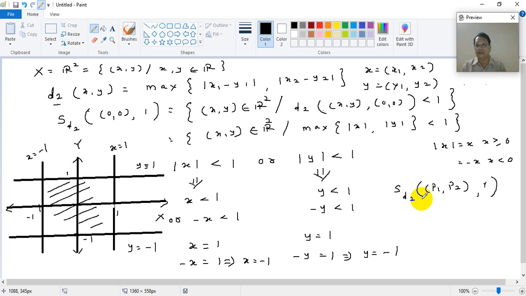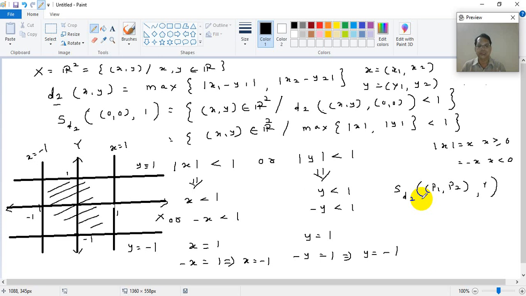It was a kite in case of D1. It was a circle in case of usual distance. So what it means is the nature of the open sphere changes, right? The set changes, but then they are all open spheres, because from this what we learn is that everything depends on the metric, not only the metric, the underlying set also.